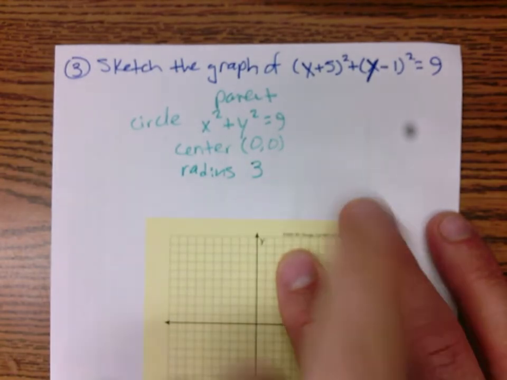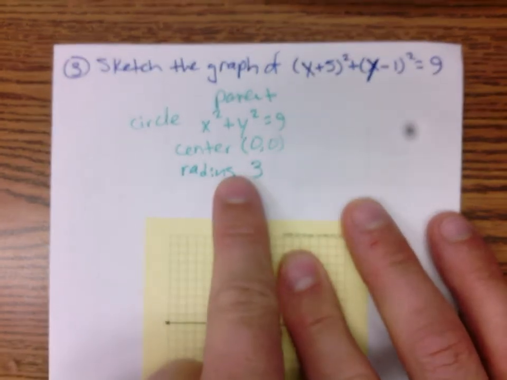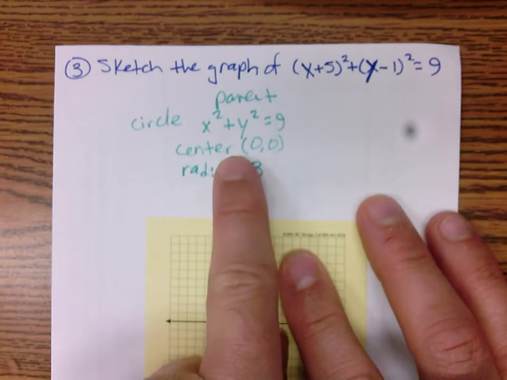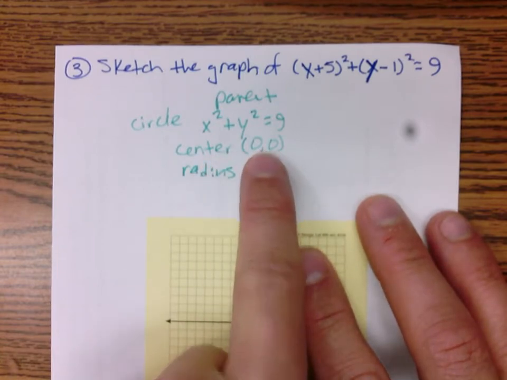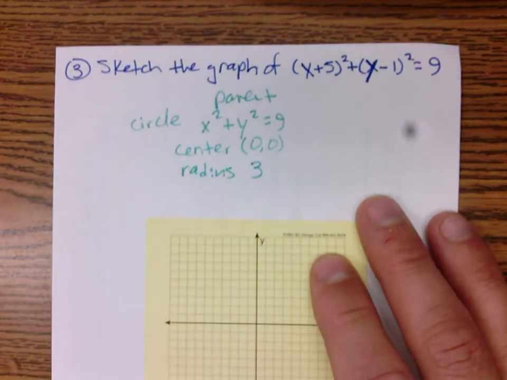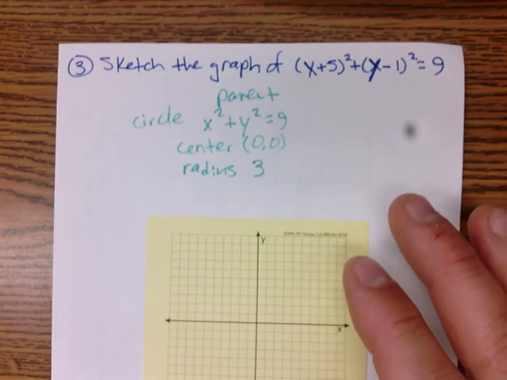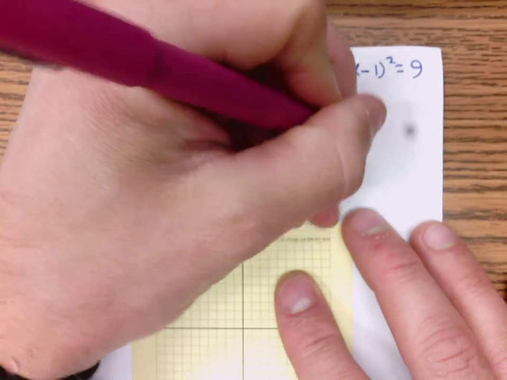And since all we've done is shift things here, is the radius going to change? Nope. The only thing that's going to change is the location of the circle. So essentially we can move the center, and then just use the radius to draw out the new circle. So this is the new center.